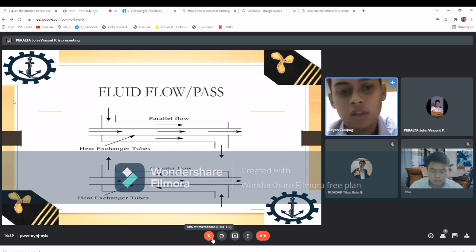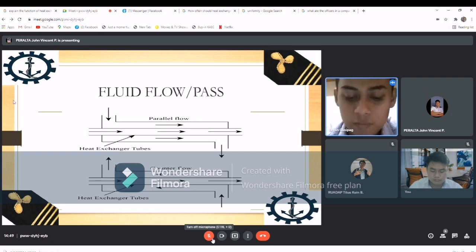Now, in our counterflow, a counterflow heat exchanger is one in which the direction of the flow of one of the working fluids is opposite to the direction of the flow of the other fluid. As you can see, sir, on the other side there are diagonal, opposing, straight, upward and downward flows, since the direction of flow of one fluid is opposite to the other.